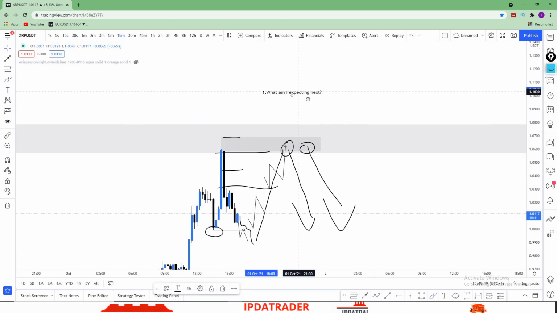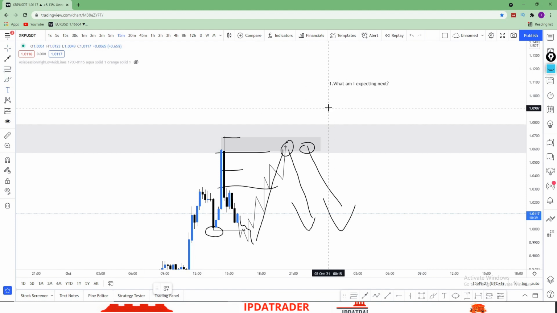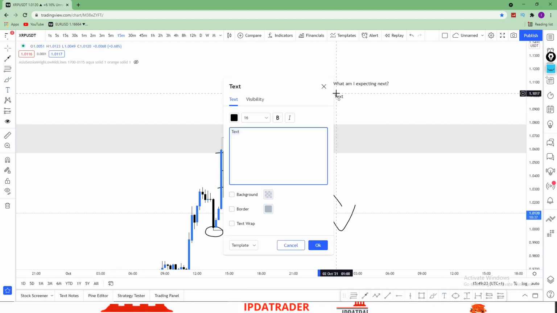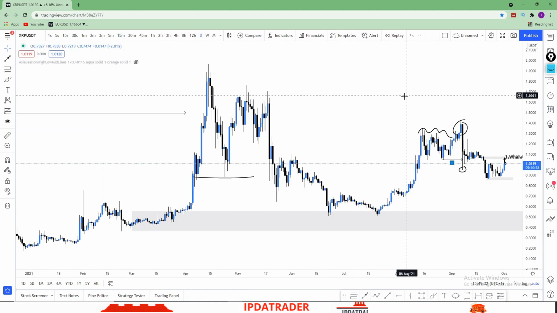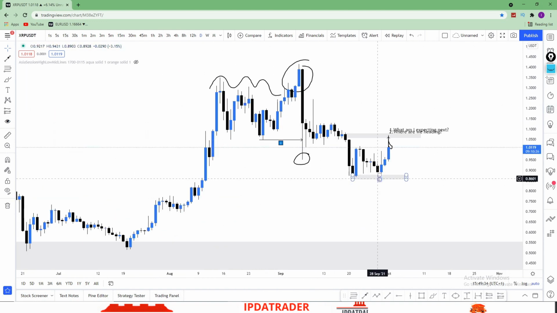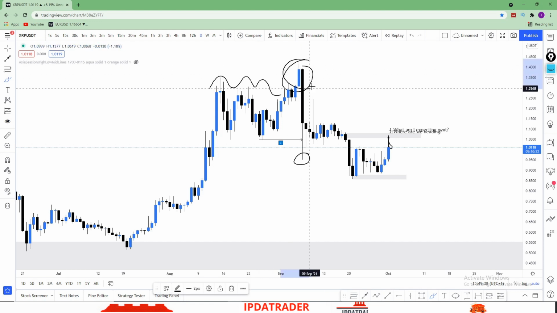So yeah, that's one question you want to ask yourself. Second question could be, where are we heading? And to answer this, you might want to be looking at a higher time frame, for example, a daily. And as we said, daily is absolutely bearish. We had this huge and actually good looking grab of liquidity that created a lower high into a lower low.